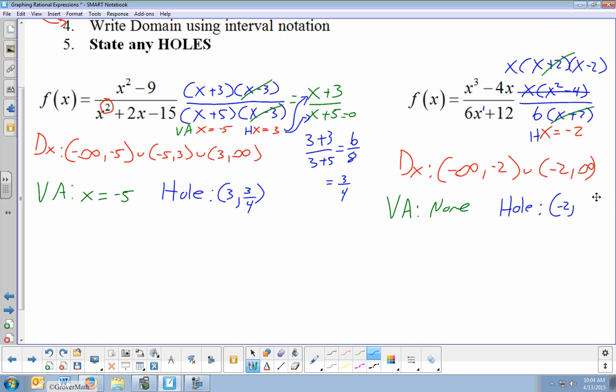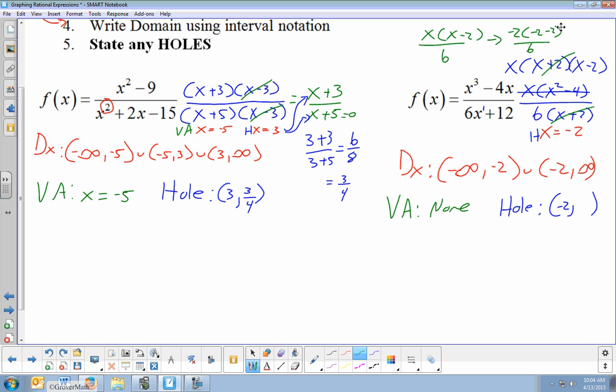The y value is by plugging negative 2 into what's left over. So I need to write down what is left over. Well, what didn't cross out was an x and an x minus 2 up top. They survived. And a 6 on the bottom. So then when I plug in negative 2, I get negative 2 times negative 2 minus 2 over 6.